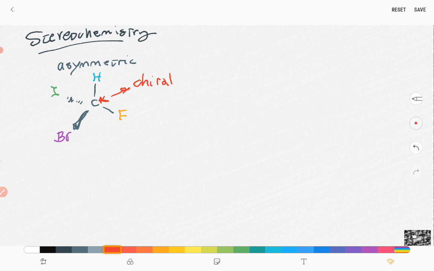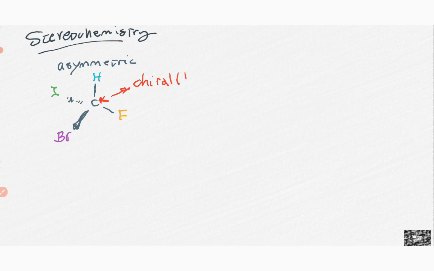Chiral carbon means, like I talked before, I took an example of a hand. We said that our two hands are mirror images of each other, and they cannot be superimposed on each other, so they are asymmetric. Chiral means handedness.